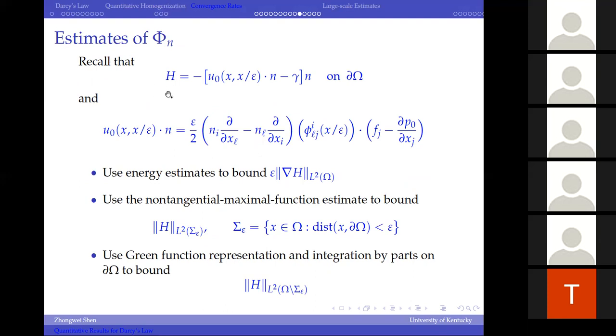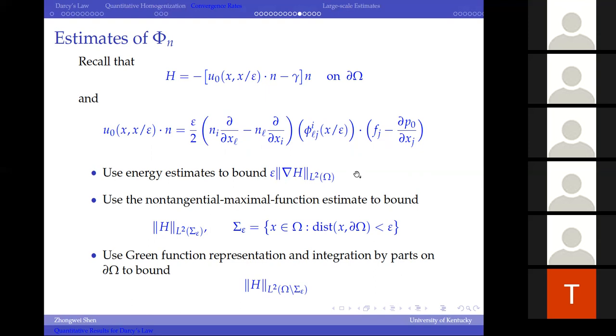So h has the boundary value given by this function on the boundary of omega, and previously we noted that the boundary data actually can be written as a tangential derivative. So now we want to estimate the L2 norm of h on omega here. And for the gradient of h times epsilon, this can just be handled by the energy estimate. So that's not a problem.